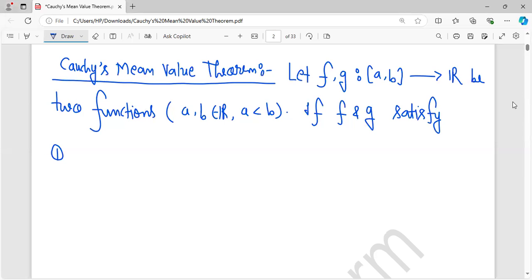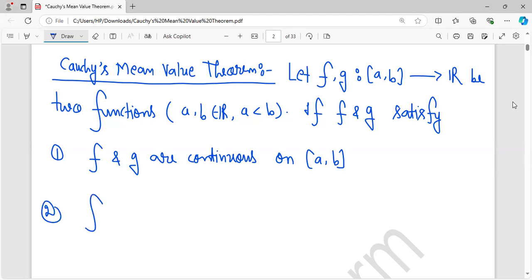First, f and g are continuous on the closed interval [a, b].